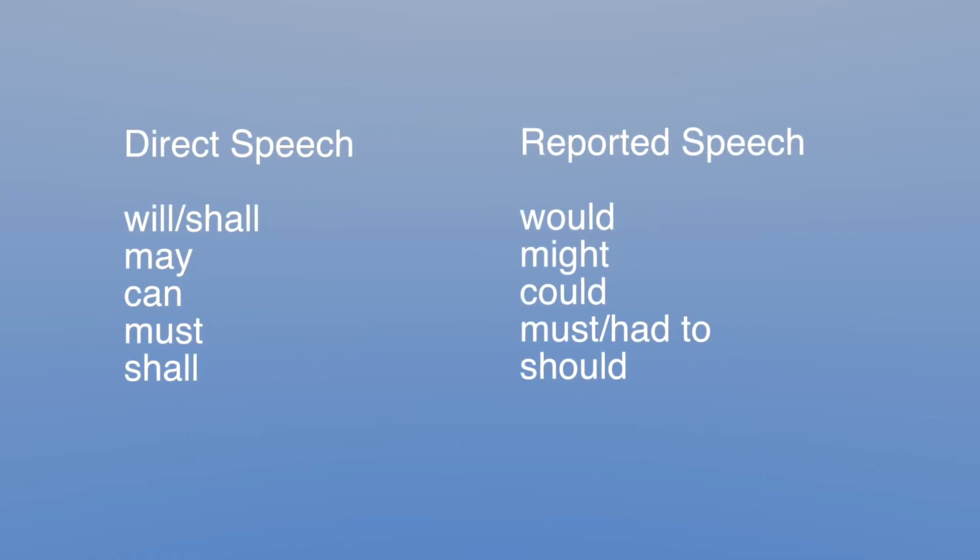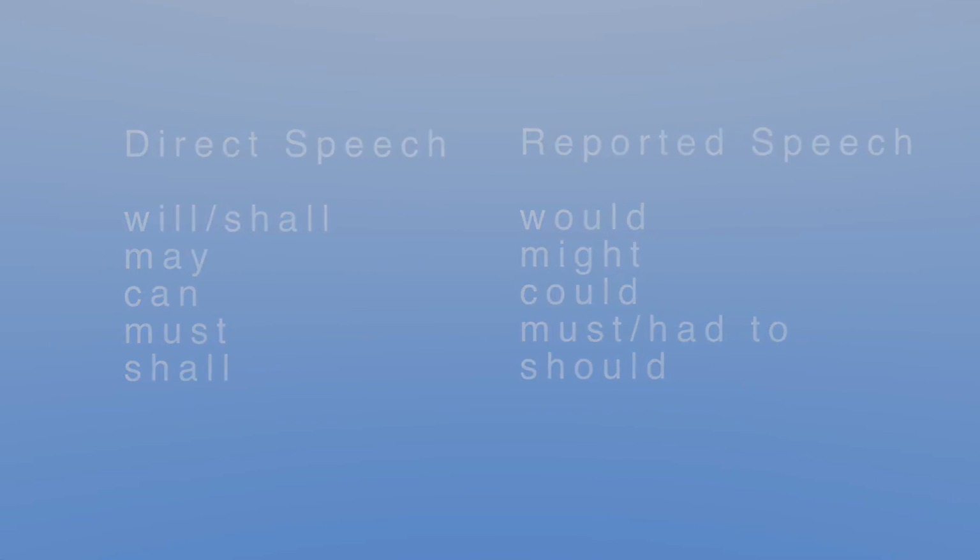Will or shall becomes would, may becomes might, can becomes could, must stays must or becomes had to, shall becomes should. Such forms as could, should, would, might don't change and remain the same.